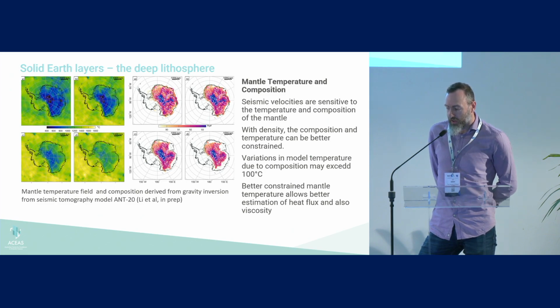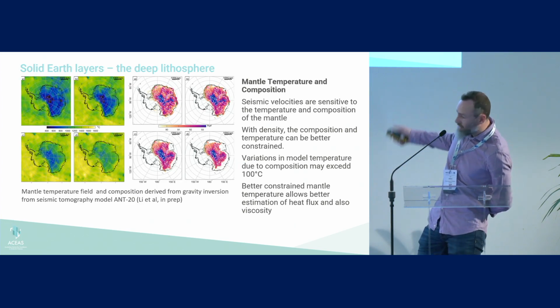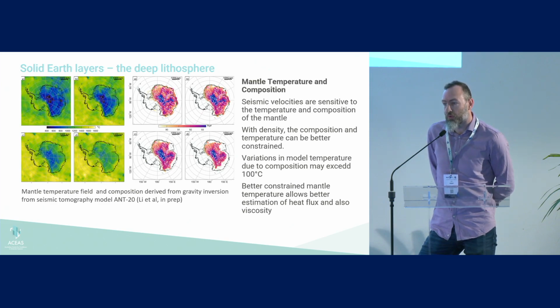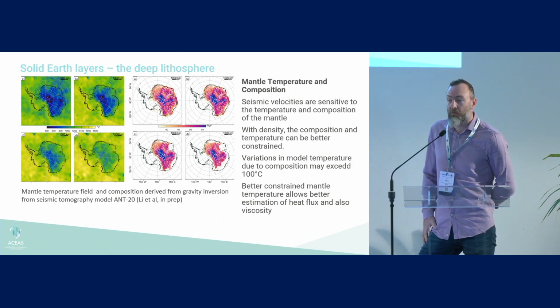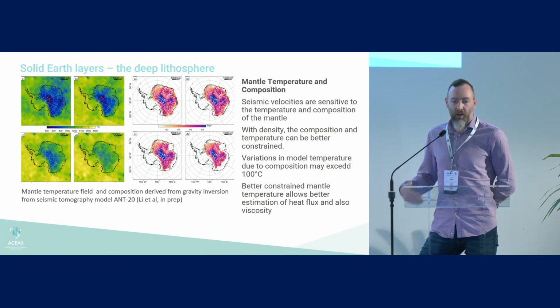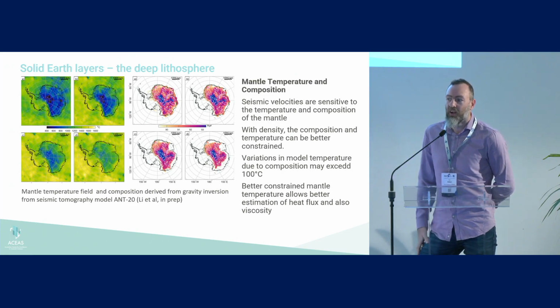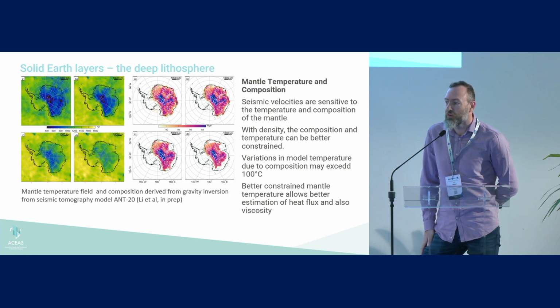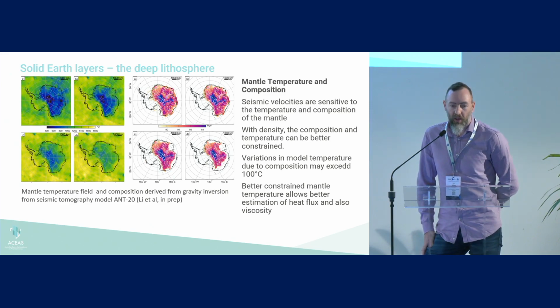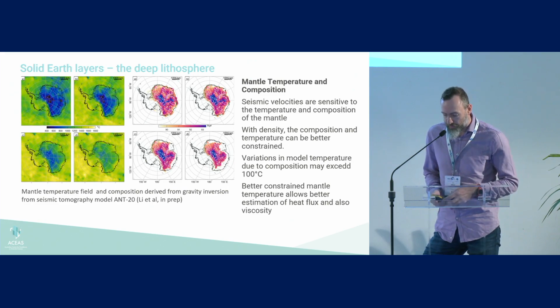We find that including density variations that are constrained by gravity inversion makes a fairly small difference, really, but it makes a difference of 100 degrees C, maybe a little more, in the temperature field, which is a little bit important for viscosity, but it's also really important for lithosphere thickness. That corresponds in some places to an 80-kilometer difference in the thickness of the lithosphere due to the slope of the geotherm. So it's really important that we try and get this right because it helps us to better constrain our mantle temperature field, and of course that's impacting on viscosity.